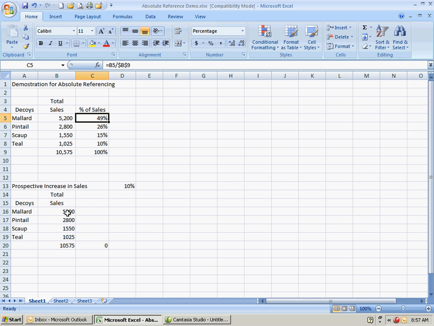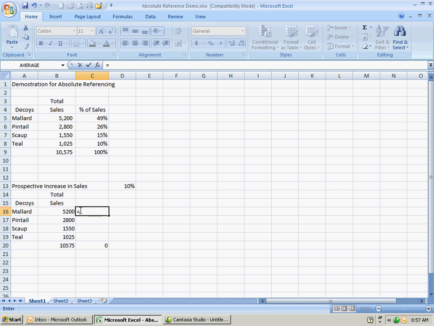Another example down here, I want to see what the relationship of increasing sales is by 10%. In this case, I just made 10% up. But I'm going to lock in this at D13 so that it stays at 10%. You'll see why in a minute.